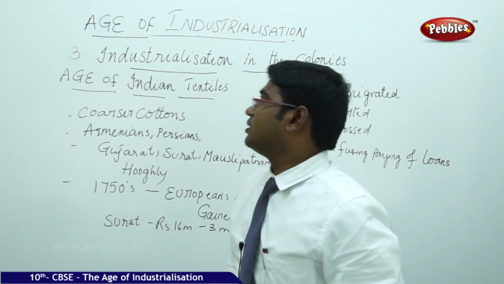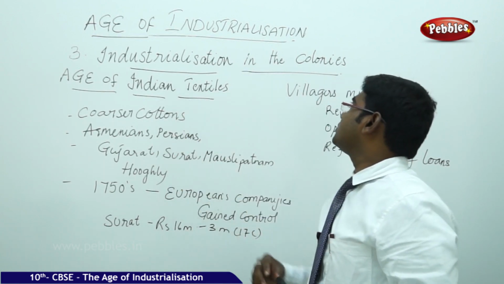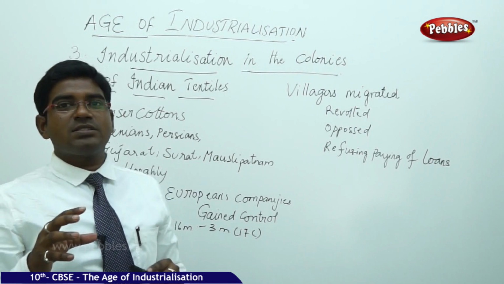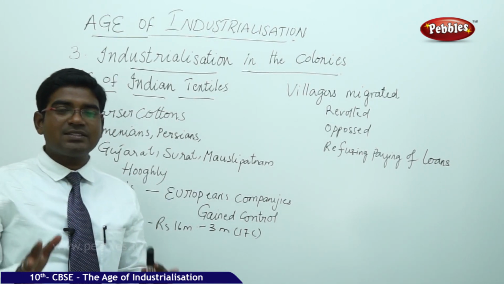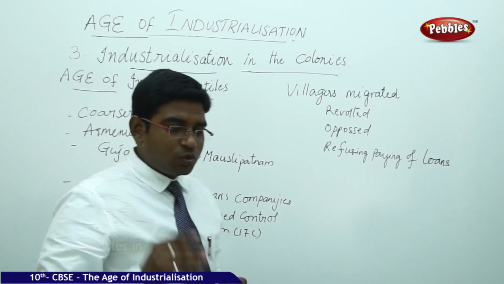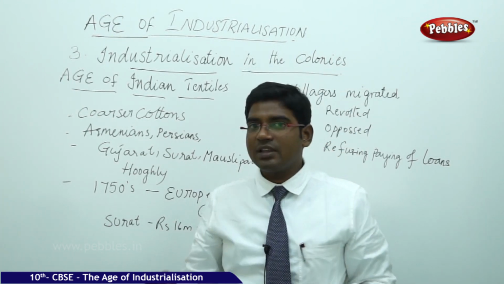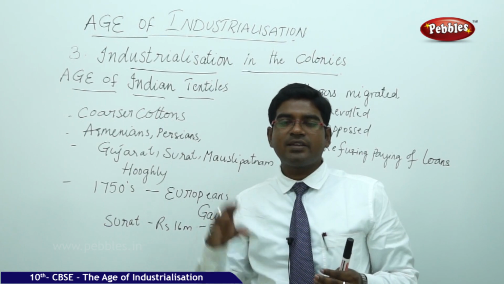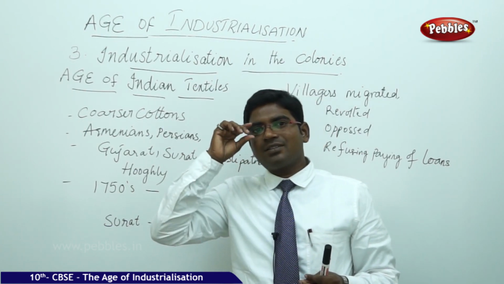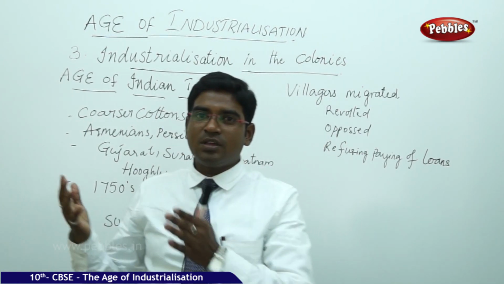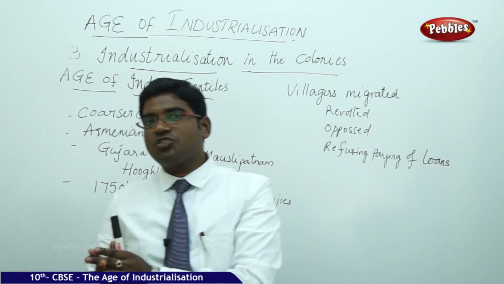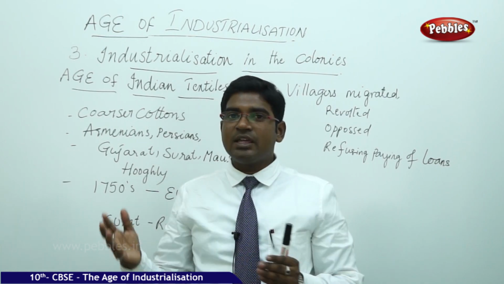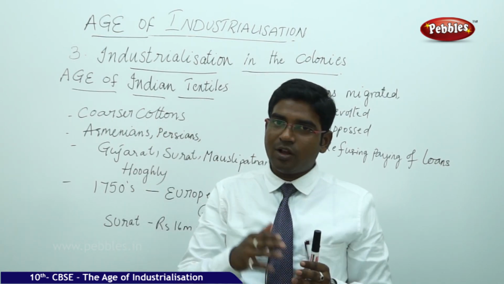Now let us see how industrialization developed in the colonies, in the sense of how industrialization developed in India. When we discuss industrialization, in the previous part of the lesson we analyzed and understood the different factors and reasons before industrialization, the proto-industrialization period, the setting up of the factories, the discovery of new technologies and all these things.